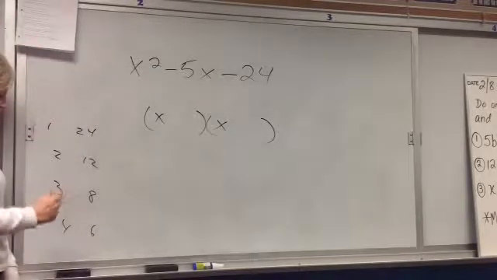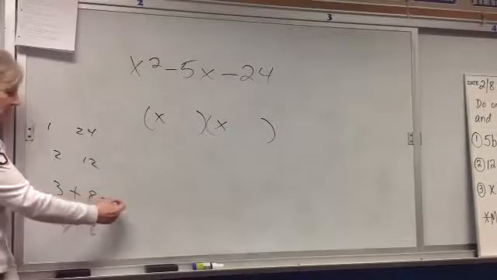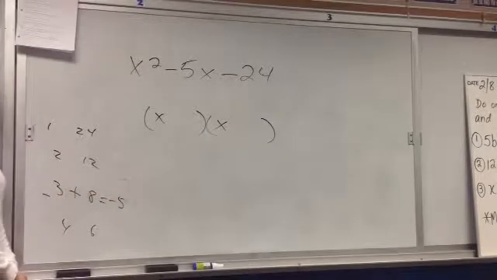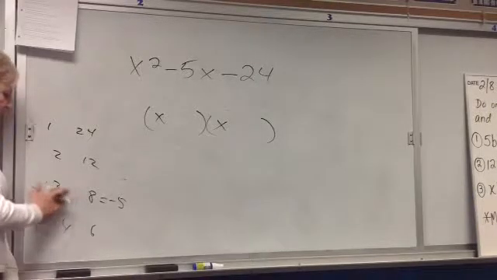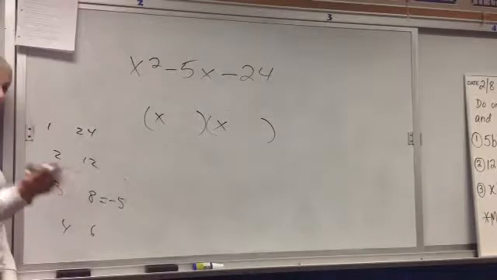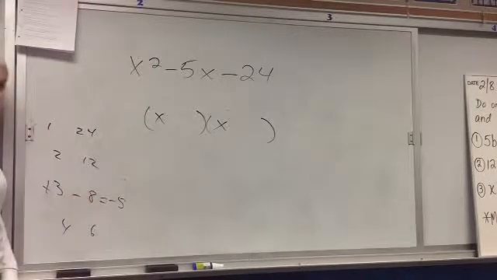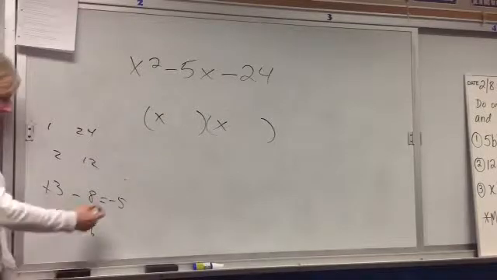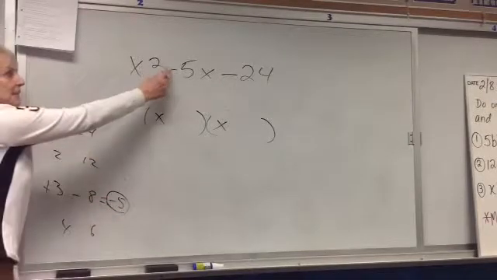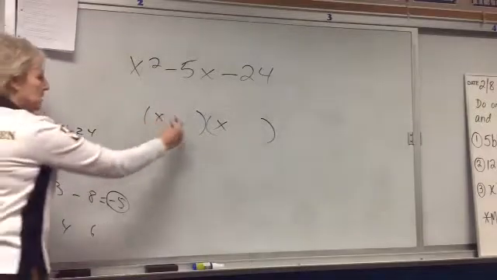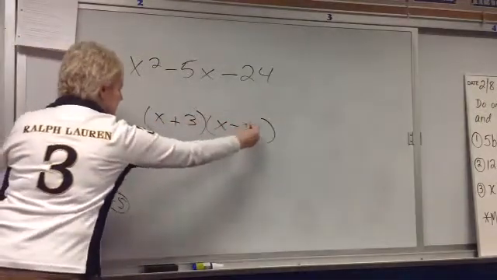Negative 3 and positive 8. Negative 3 and positive 8 equals negative 5. No. Positive 3, negative 8. See how easy it is? Smart kid, wrong signs. Be very careful. You have to have a negative 5 because of that. Positive 3, negative 8.